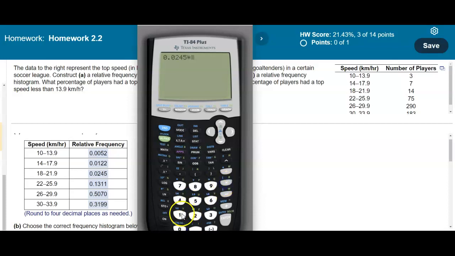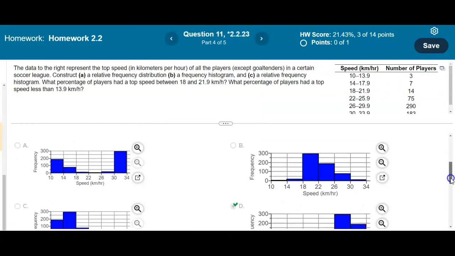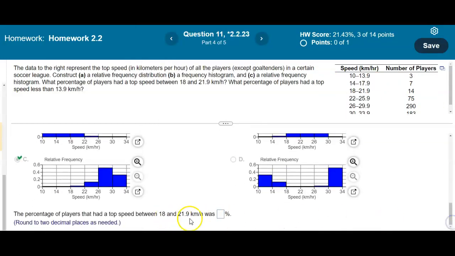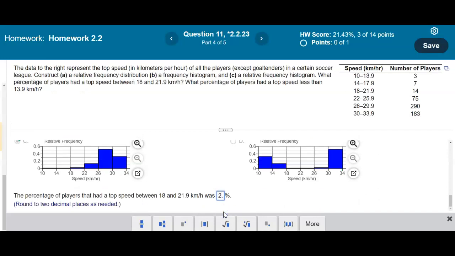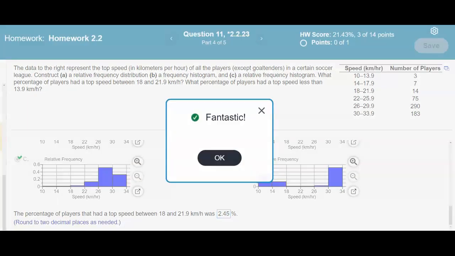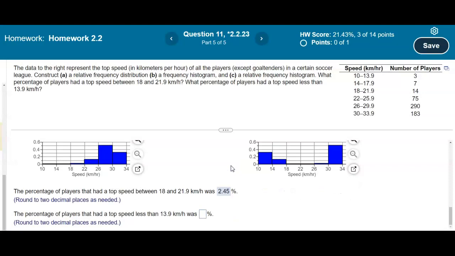If we multiply that by 100%, we get 2.45. They want us to round it to 2 decimal places, so that's 2.45%.